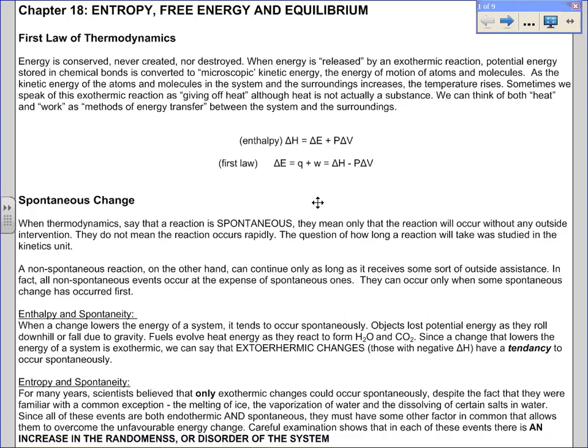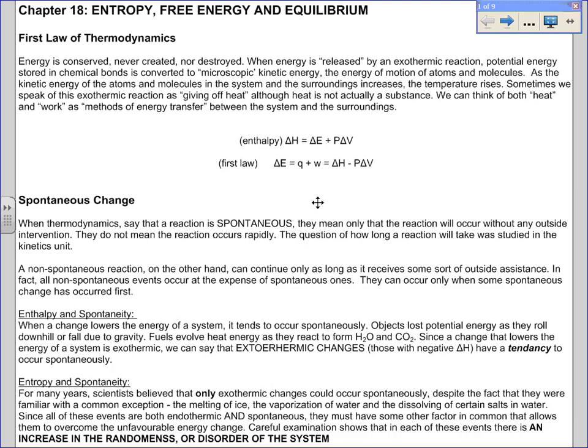So if you look at something like melting of ice, going from a solid to a liquid, it's an endothermic process, so you require heat in order for that to happen, but it occurs spontaneously. Something like dissolving certain salts in water, they're endothermic processes, but these also can occur spontaneously.